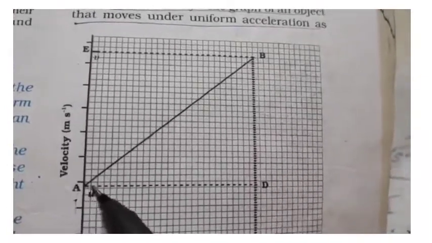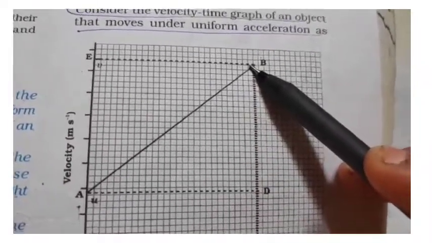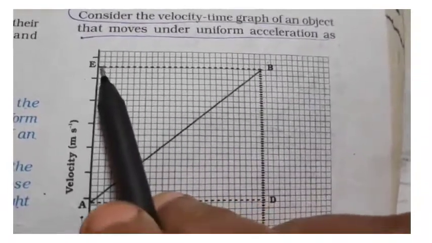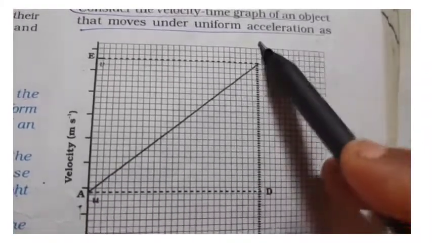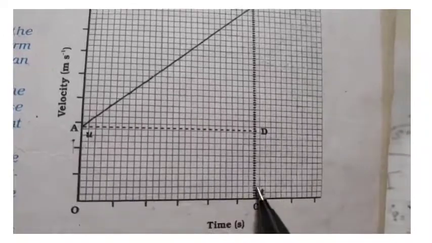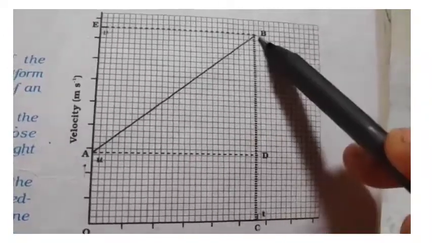Then it has an accelerated motion, that means steadily the velocity increases with time and it reaches a point B. At that time its velocity is v, the final velocity. This change from u to v takes place within a time period, which we consider as time t. So your graph is this.